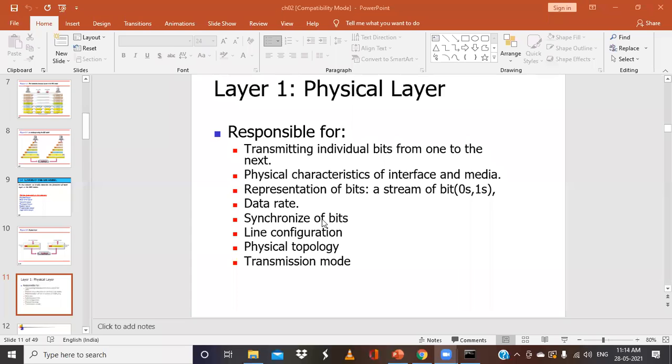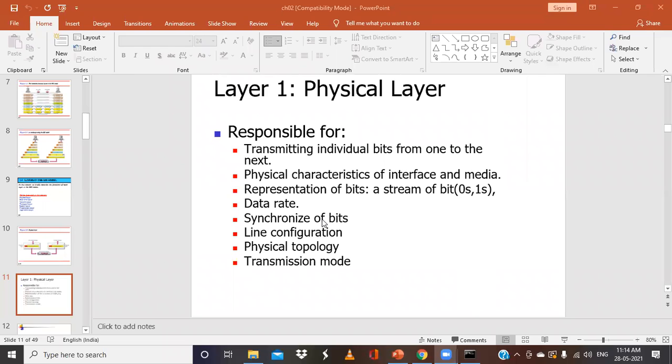If the sender is sending, for example, 100 bits per second, the receiver should be able to receive those 100 bits in the same one second. That is the understanding that should happen between the sender and the receiver. That is about the synchronization. The sender and receiver not only must use the same bit rate, but they must also be synchronized. They should have a proper understanding of when they want to send or receive the bits.